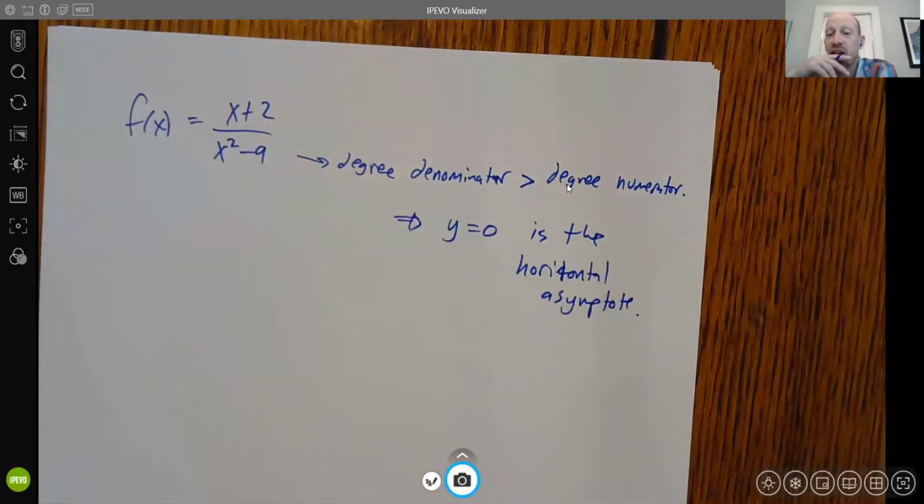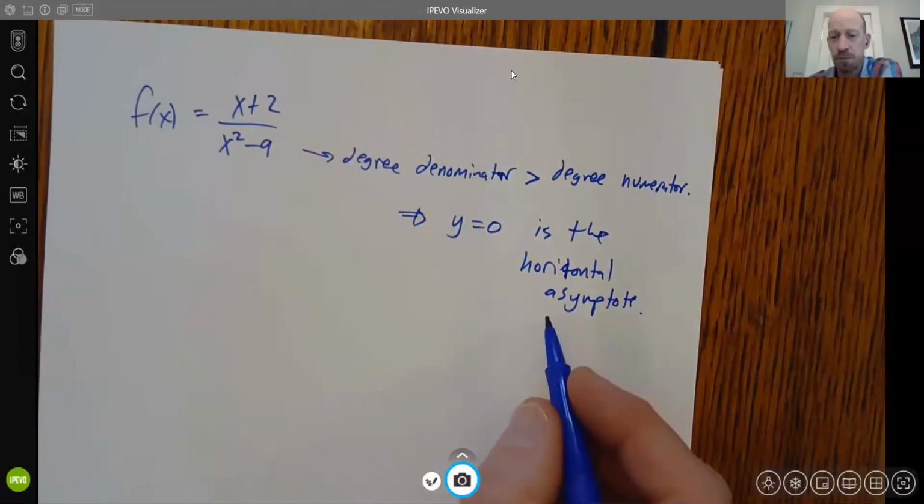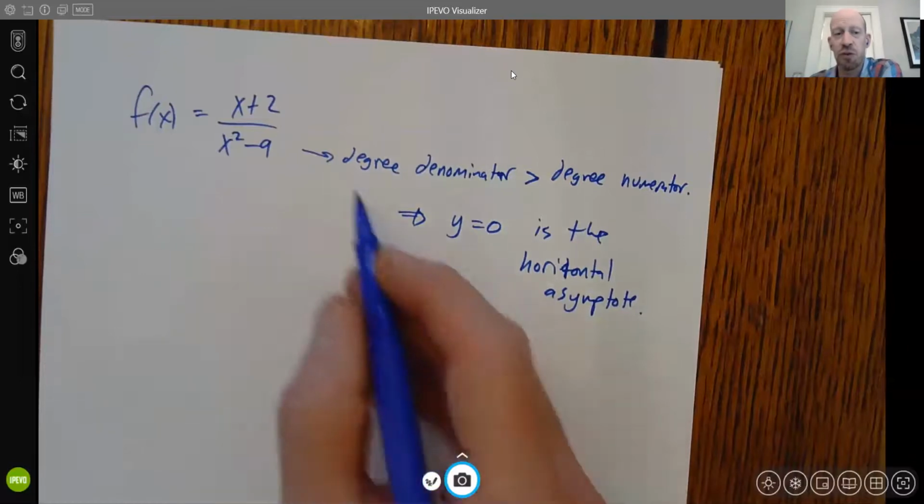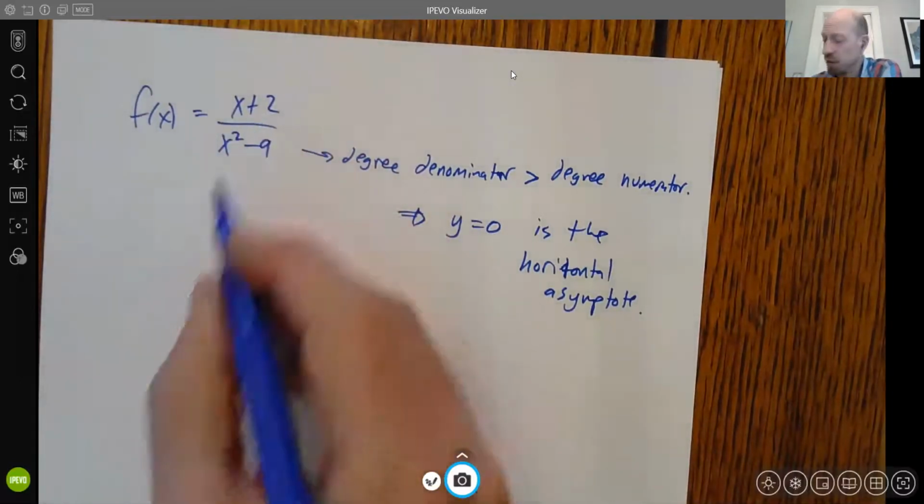So the horizontal asymptote is really like end behavior for a rational function, right? Does it approach some particular value, or does it do different things? So y equals 0 is a horizontal asymptote in this case.